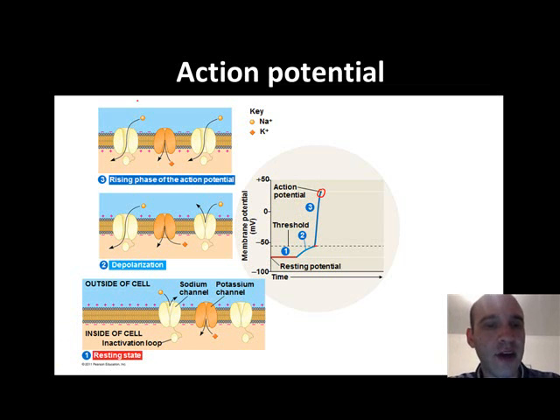And how does that happen? Well, that's going to happen because more sodium ions are going to enter the cell, okay? What's also important to remember is that you have these sodium channels that are there otherwise, but you also have what are called voltage gated ion channels.